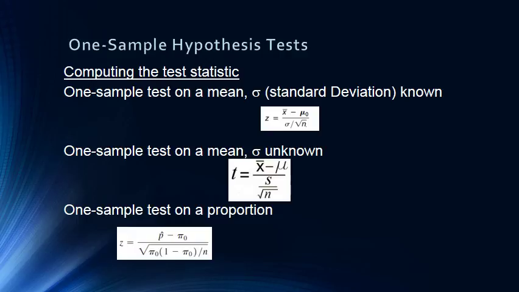The test statistic that we'll be computing using the one sample test on a mean would be t, where the standard deviation is not known.